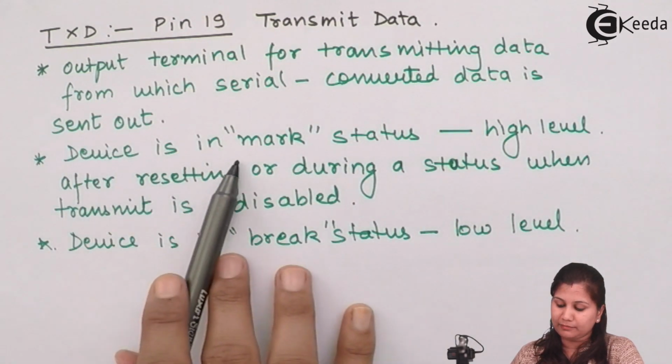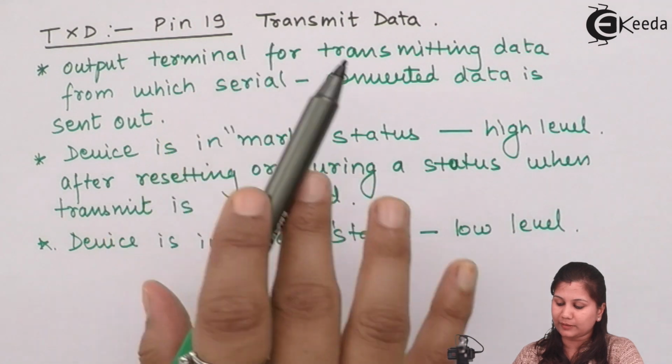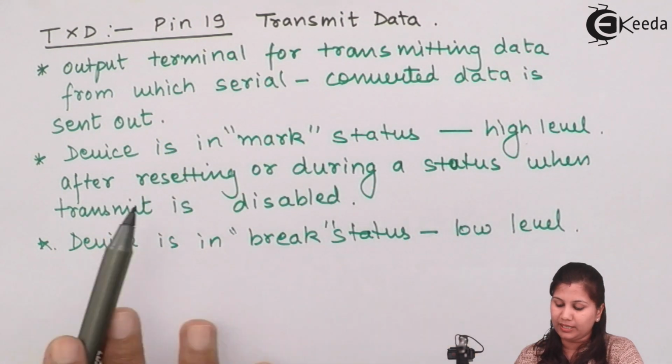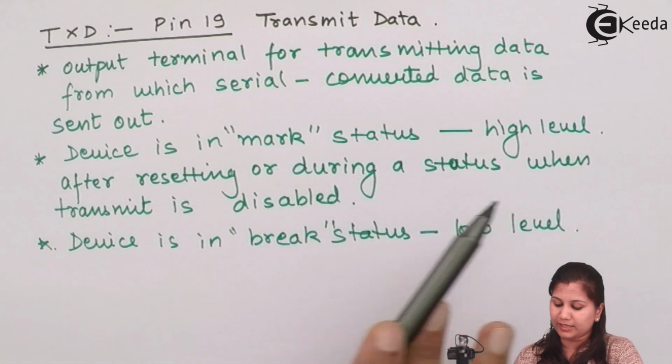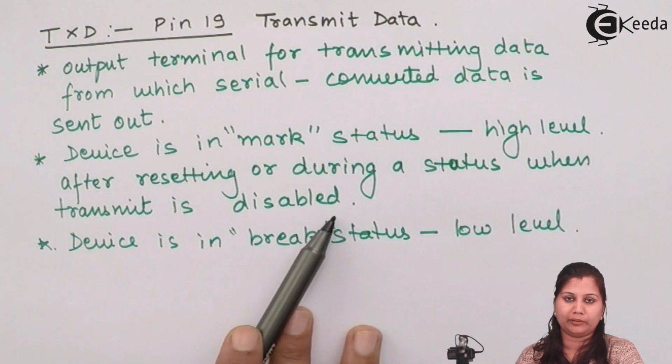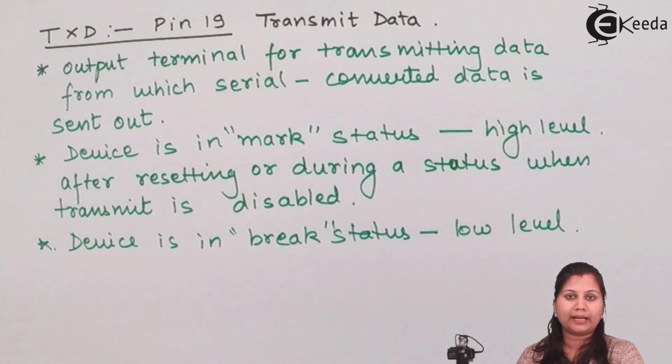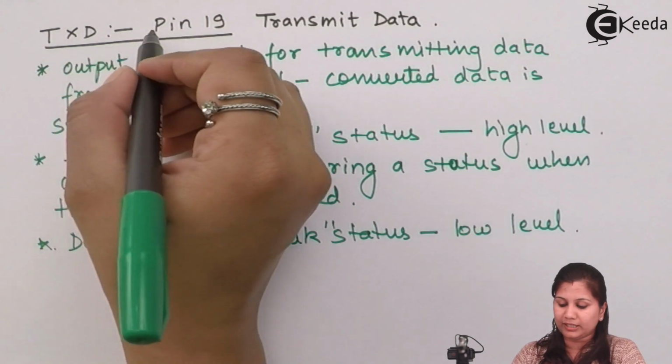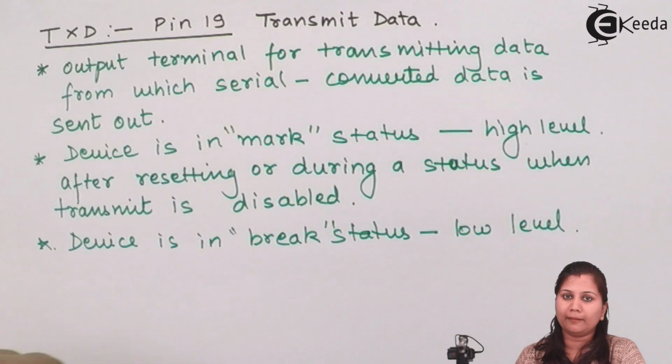Now the device is in mark status when this transmit data is at high level, after resetting or during a status when transmit is disabled. This can be done by writing the status and the command words. We can write the control word in the form of command. We can set the mode and we can enable this transmit data pin.